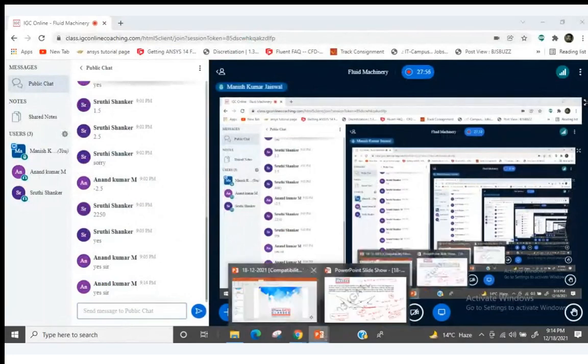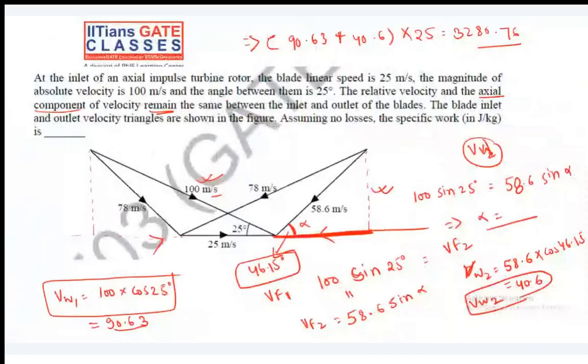See, if you know only a few concepts, still you were able to do it. Even though there are a lot of things, you might think that okay, I don't know this, but you can solve. Yes or no? Only thing that changes here is that it is an axial impulse turbine. So axial impulse means what? That it will have velocity components, that is flow component, at both the points.